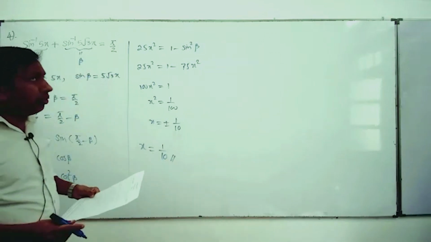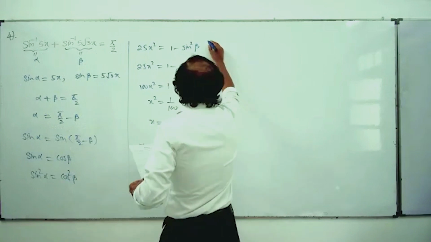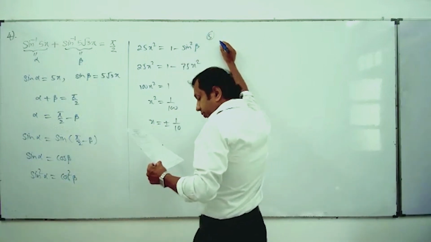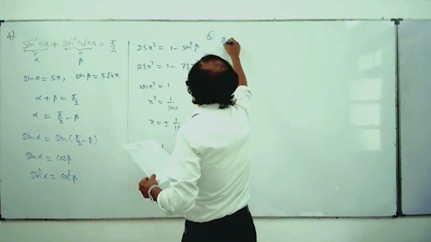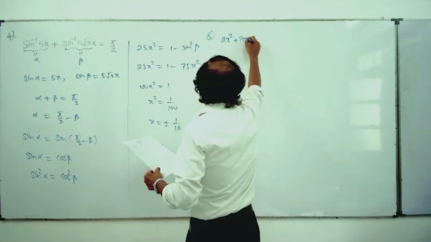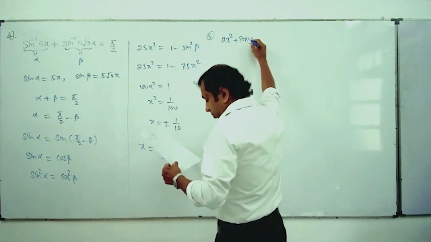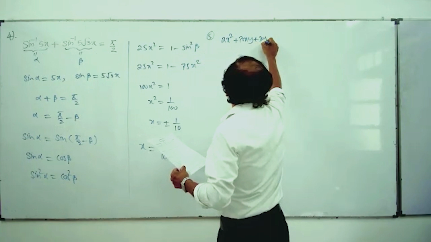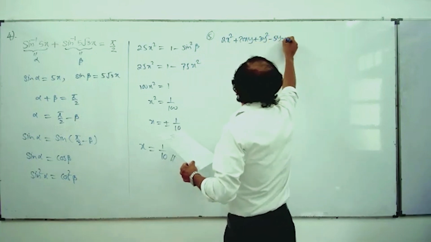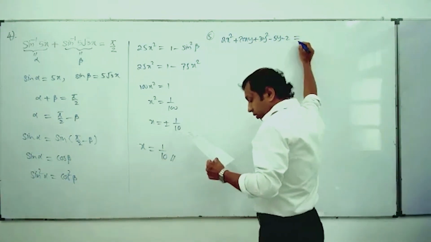Number 5. We need f(x,y) given this way: 2x squared plus lambda xy plus 3y squared minus 5y minus 2, right?